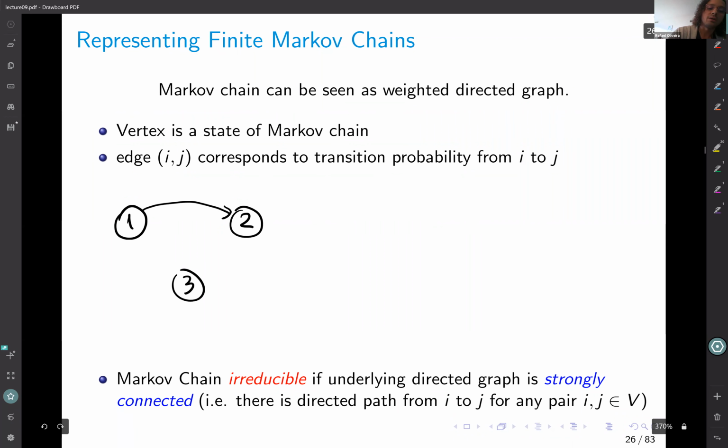If we just look at the underlying graph, is this graph strongly connected? Yeah, 2 is in a different strongly connected component. Exactly, because from 2, I cannot get anywhere but 2. Does it make sense? So this is reducible.